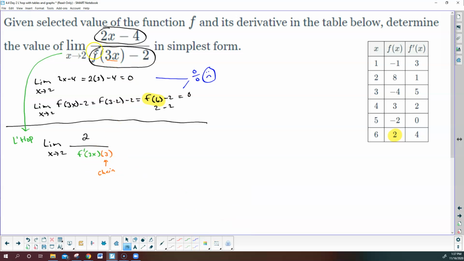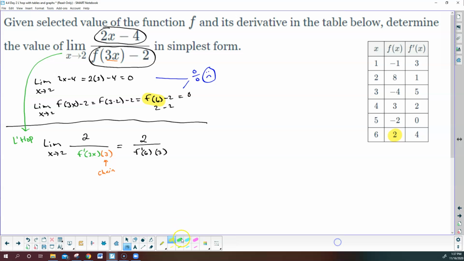So there's the derivative of this part. And then we're going to do the derivative of minus 2, which is 0. I do not have to write that. And now I can confidently say that this 2 is going to stay a 2, which means I should be able to get my answer, so I don't have to do each one individually here. But now I'm going to plug in 2 into this function. So I get f prime times 3 times 2 is 6 times the chain rule of 3.